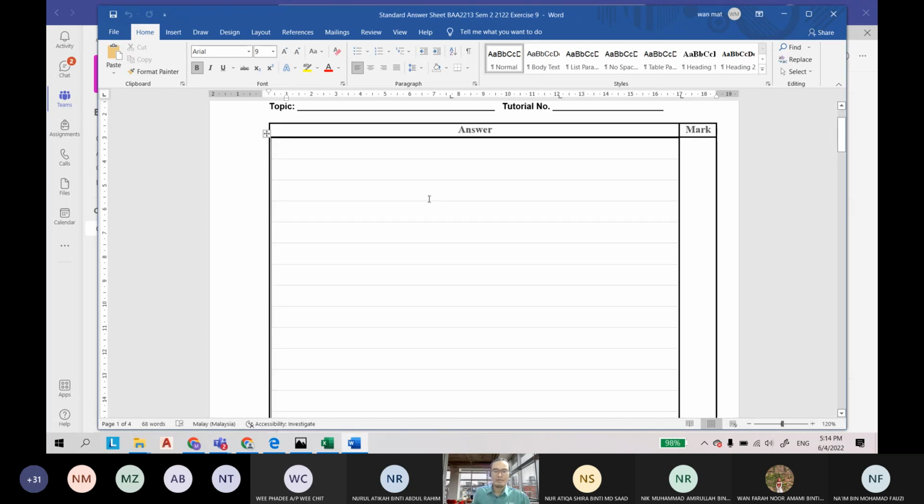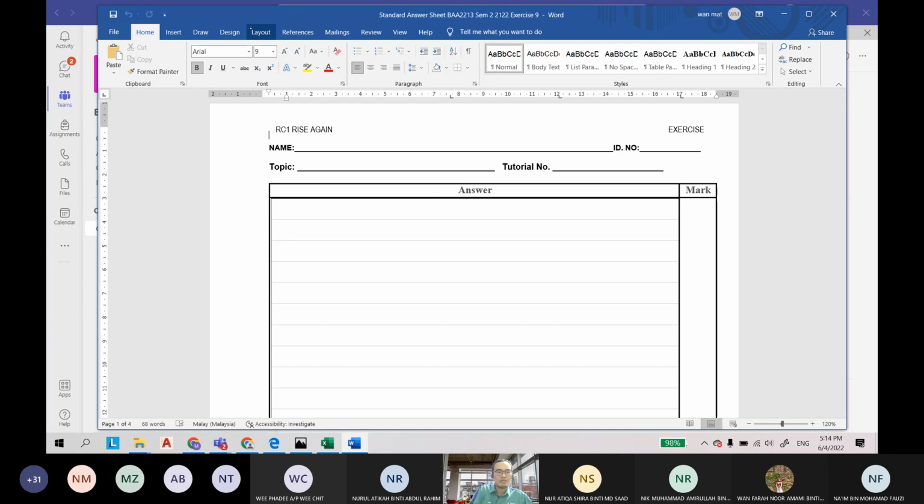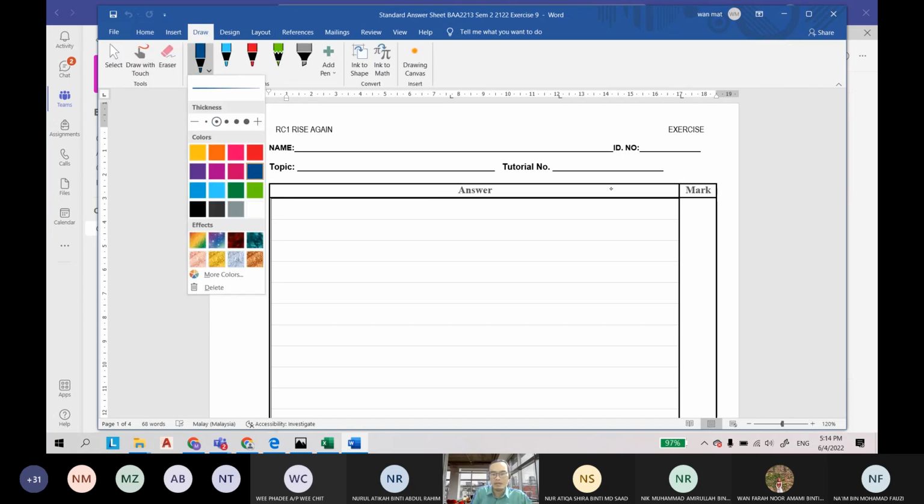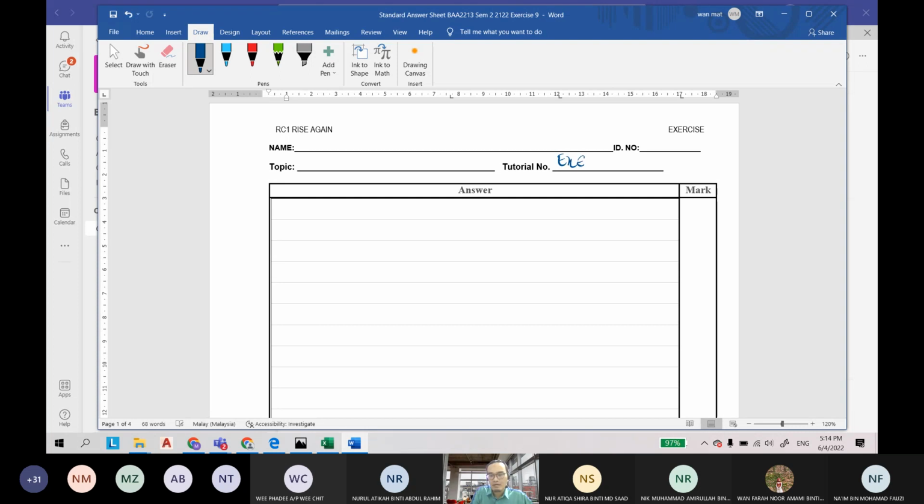For exercise number 9, the situation given is just like exercise number 8, where the span is still equal to 6 meter. The beam with the ultimate UDL, now I increase to 160 kilonewton per meter.